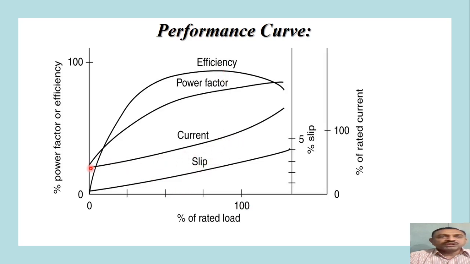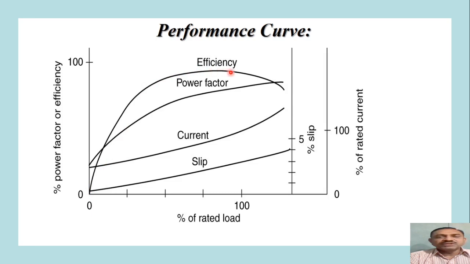Whatever the input current that is being taken at the no load condition will be this much value. Corresponding to that input current, whatever the power factor, we can calculate it from W1 and W2 reading. Efficiency at zero loading will be 0, because when load is 0, the output power will be 0. So efficiency will be 0, and it will gradually increase.